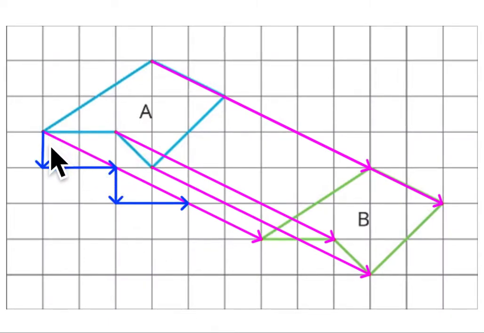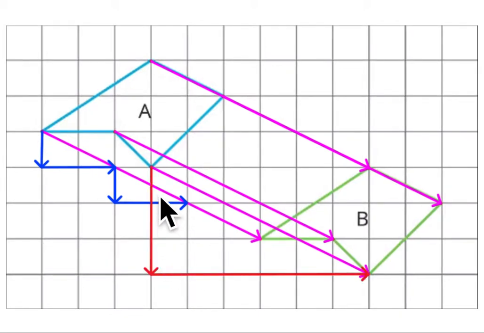So for every unit that each of these points moves down along the y-axis, we're going to move 2 units to the right along the x-axis. So down 1 unit, to the right 2 units, down 1 unit, to the right 2 units. And to get from this polygon to this polygon, you have to do that 3 times.